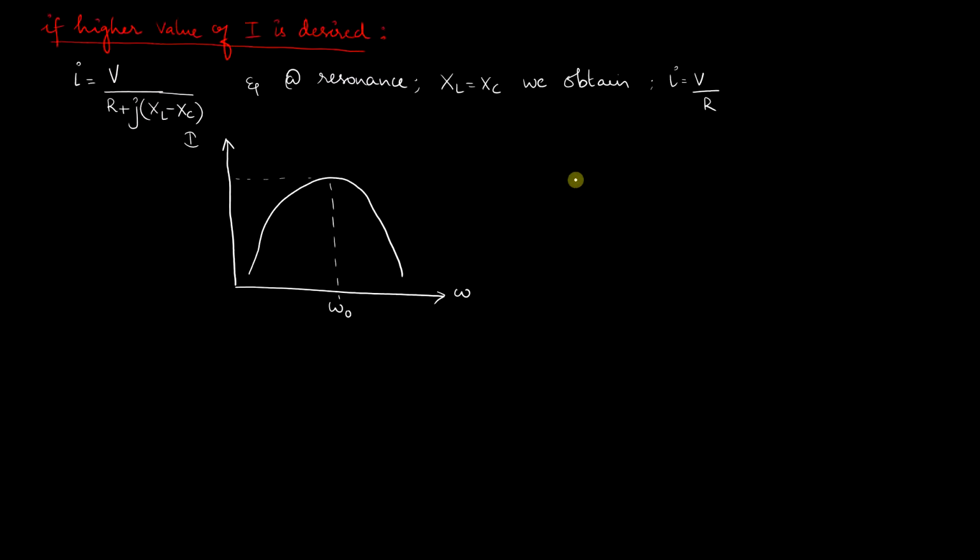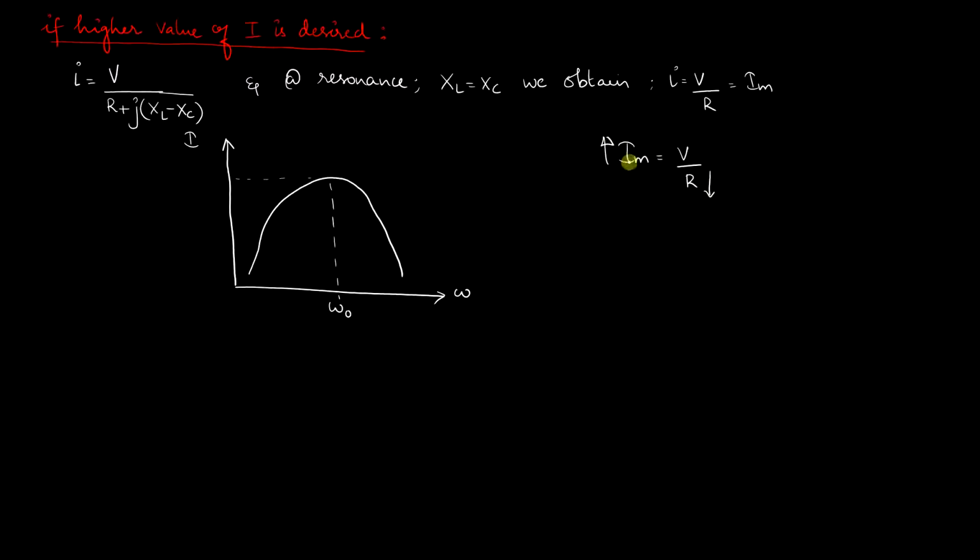Let me consider three different values of resistance. If you look at the equation for current, Im can be written as V by R. If I decrease the resistance, I can obtain an increase in the current.